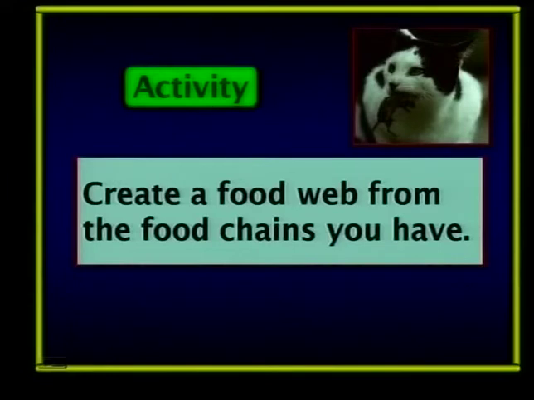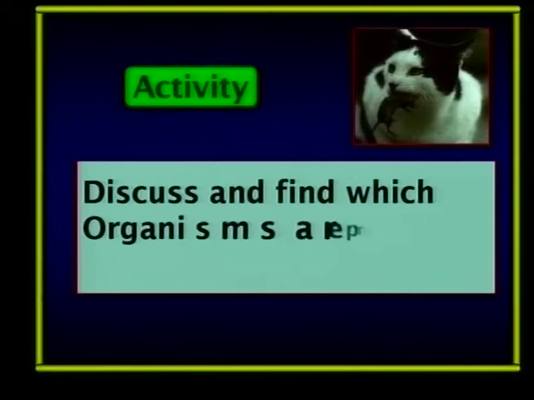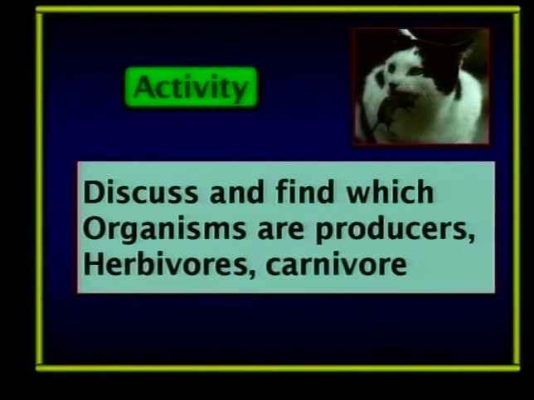And this is what you're going to look at when you're constructing the food web. During your activity, you will discuss and find which organisms are producers, herbivores, and carnivores. If you need help, you may raise your hands.